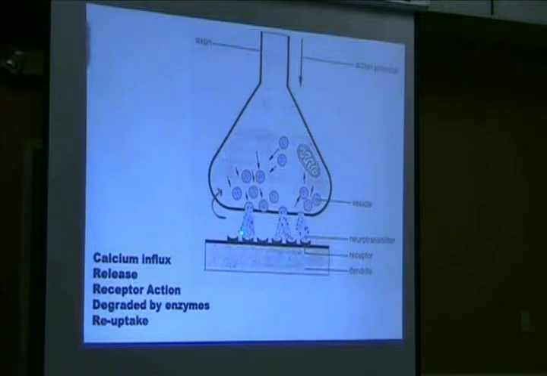But the third thing is, they act on receptors, they get recirculated by way of reuptake. The third thing is that some of it leaks out into the surrounding fluid and eventually also gets degraded by enzymes.